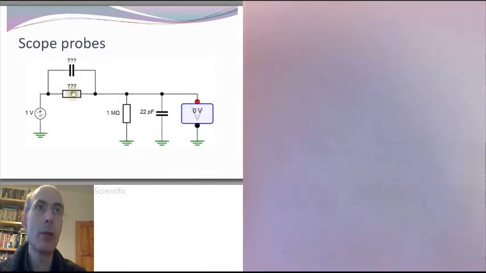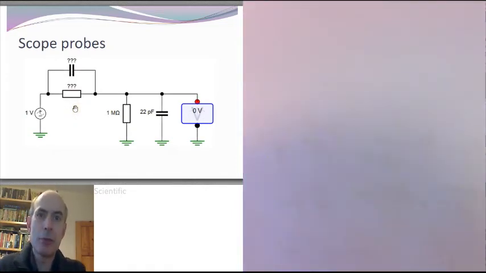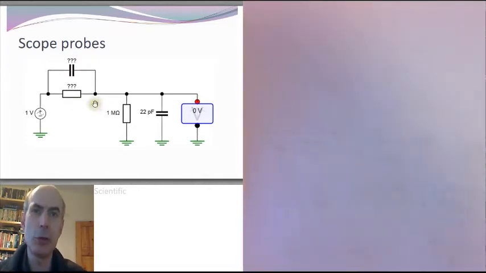And I have to get this network here chosen so that this output here is 1/10 of this, no matter what the frequency is. What then does this resistor have to be, and what does that capacitor have to be? That is the puzzle to work out. I think it then asks you to have a go at building either a times 2 or a times 5 scope probe and see if that works.